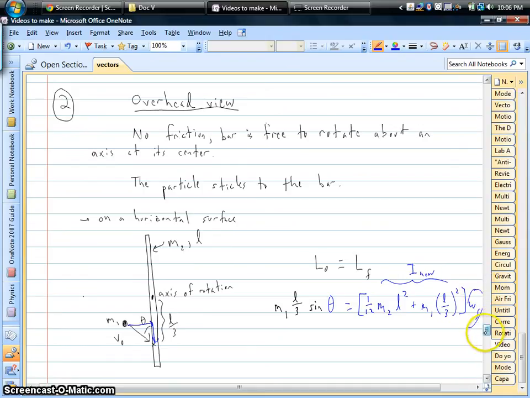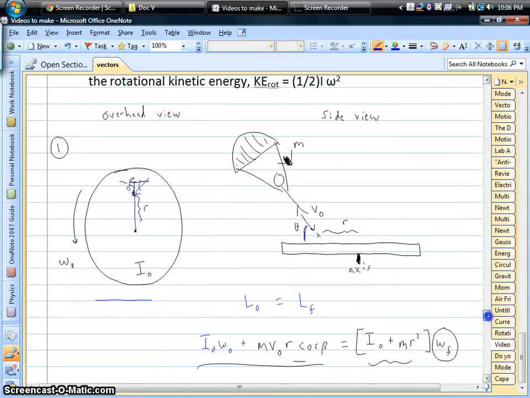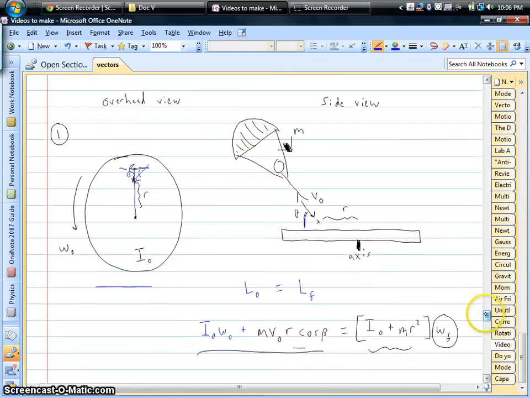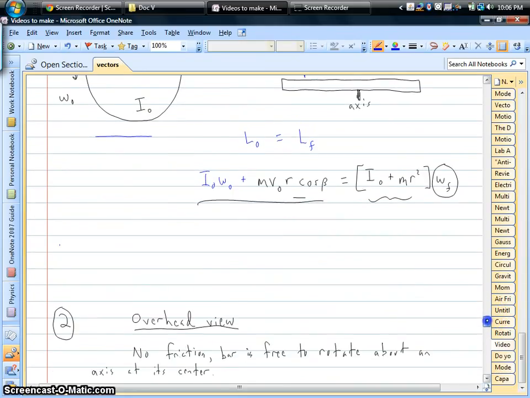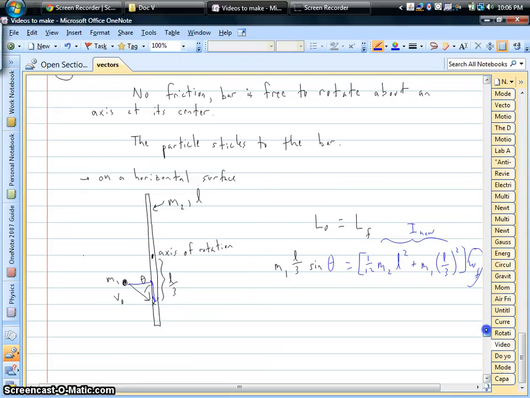Okay, so both of these cases they certainly look different. They're different situations, but conceptually they're the same. They have rotations involved, so we're talking about conservation of angular momentum. We have inelastic collisions, so inertias are adding together, and we're trying to find what happens after the collision.